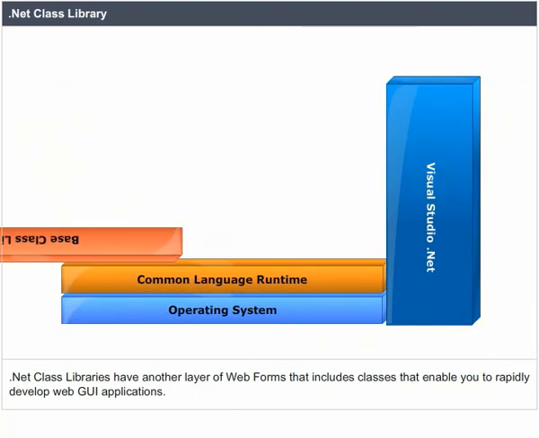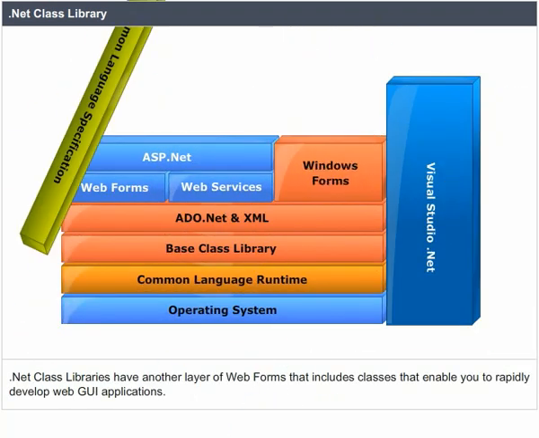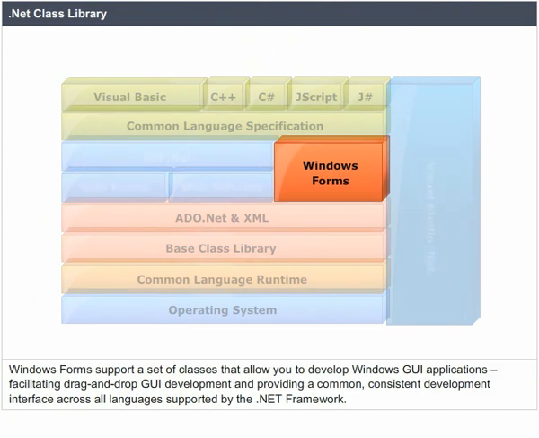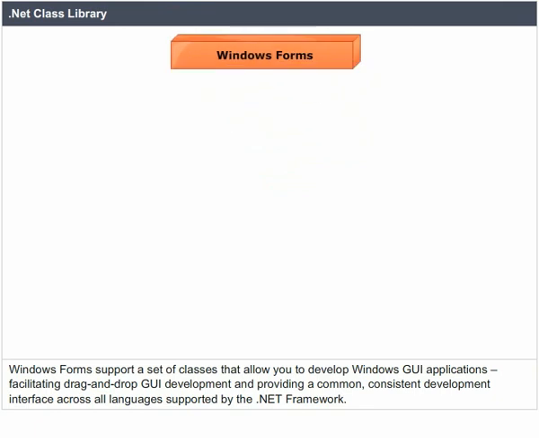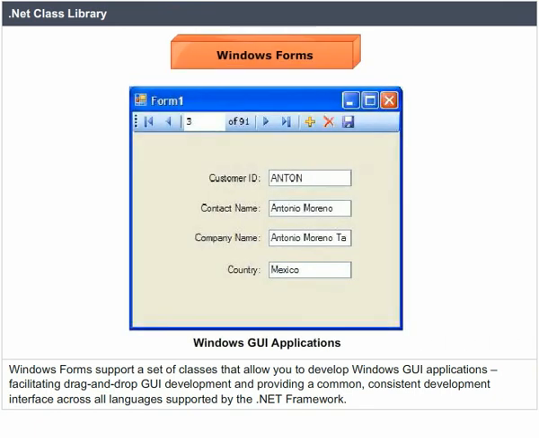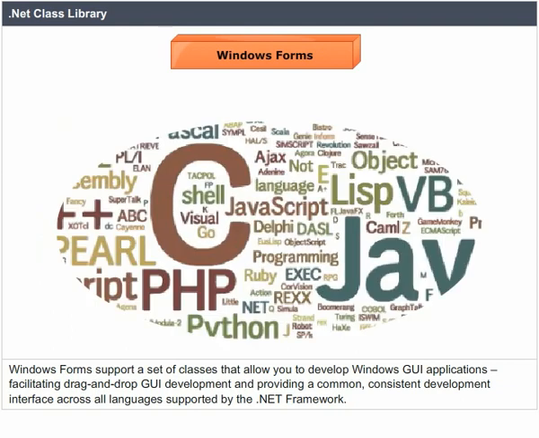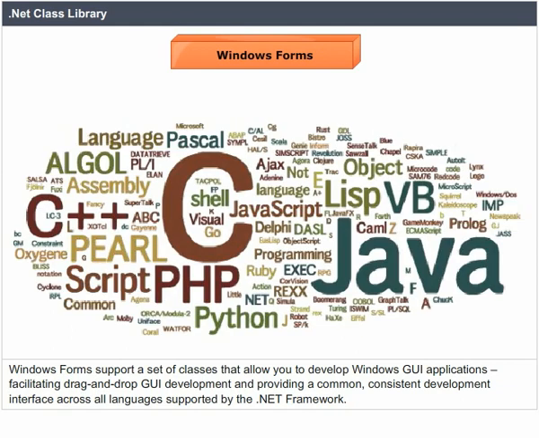The .NET class libraries have another layer of web forms, including classes that enable you to rapidly develop web GUI applications. Windows forms support a set of classes that allow you to develop Windows GUI applications, facilitate drag-and-drop GUI development, and provide a common, consistent development interface across all languages supported by the .NET framework.